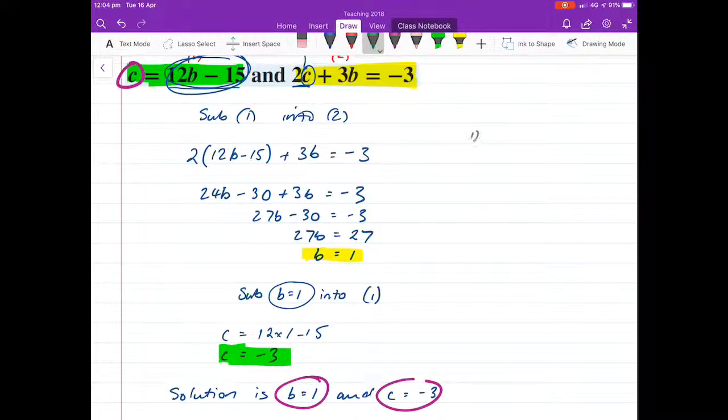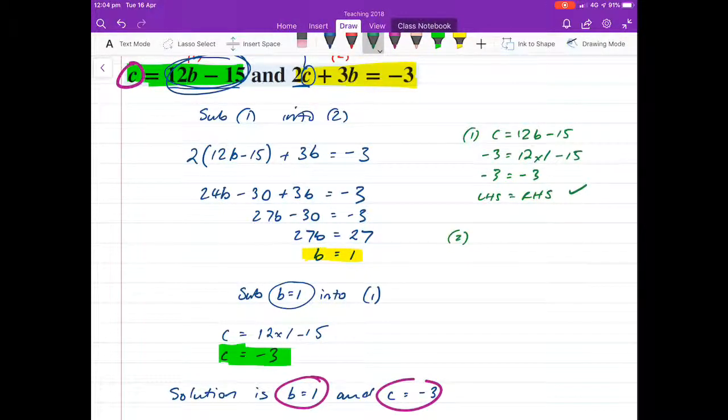So for the first one, it says that C equals 12b, take 15. Now C equals negative 3, 12 lots of 1. 12 lots of 1 is 12, take 15 gets me negative 3. Left-hand side equals right-hand side. So we've got some success there.